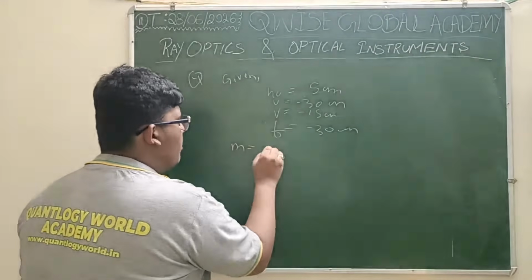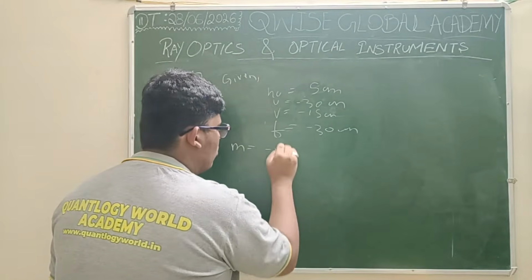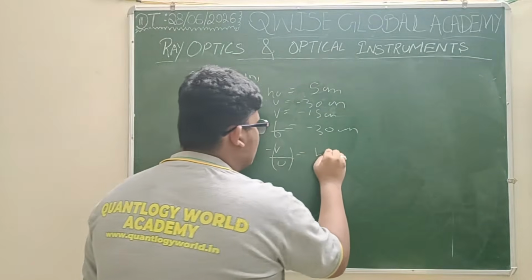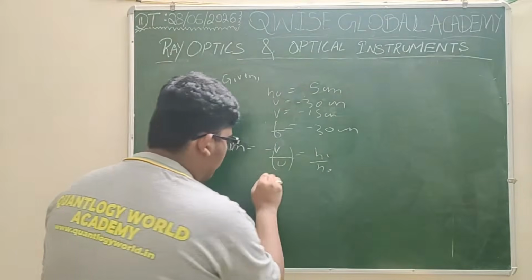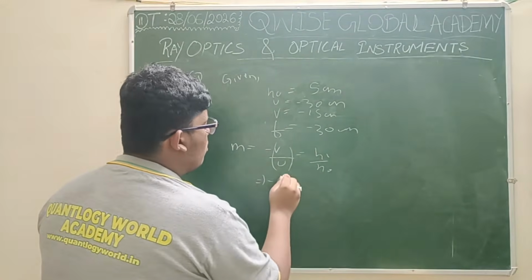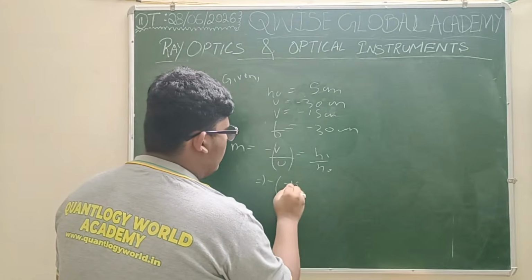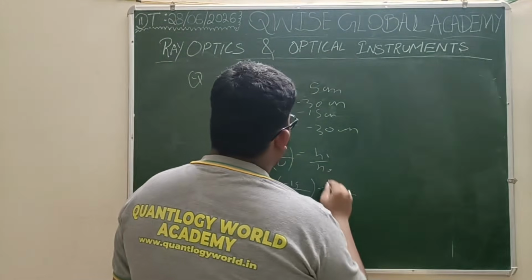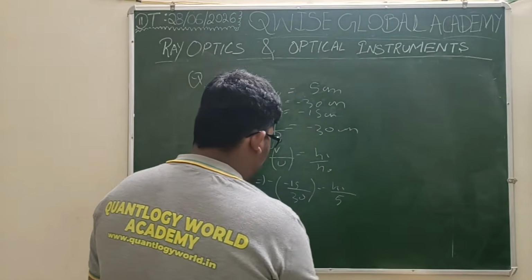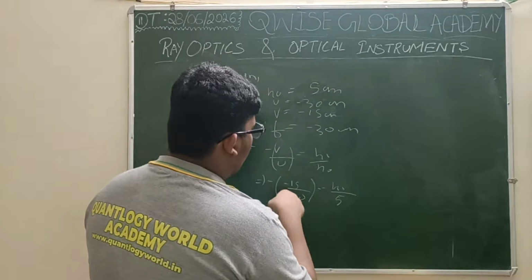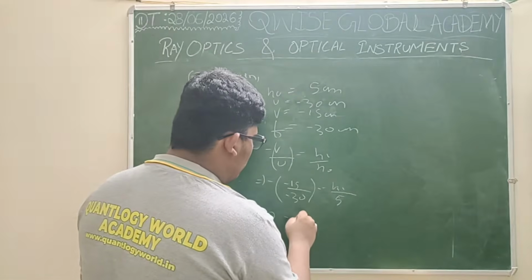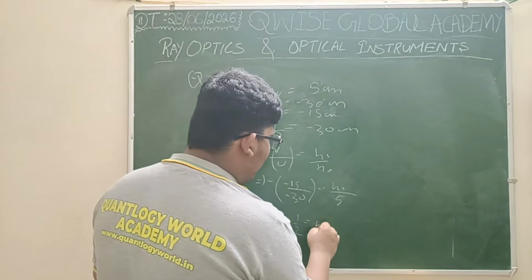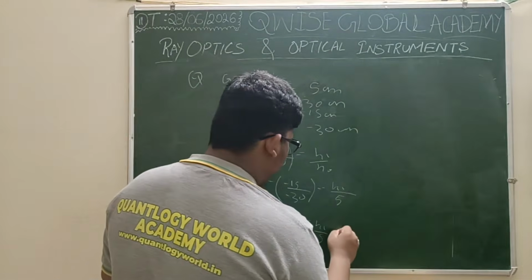According to the formula, m equal to minus v by u or hi by ho, implies that minus of minus 15 by 30 equal to hi by 5. Minus minus cancel, it's minus 1 by 2 equal to hi by 5.